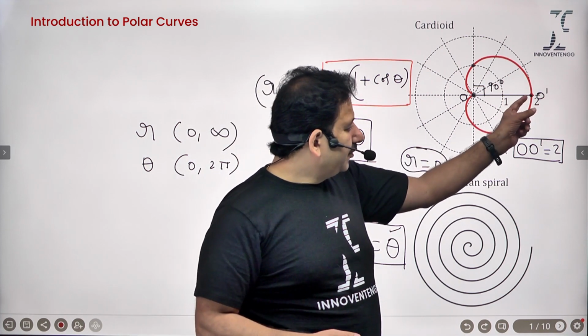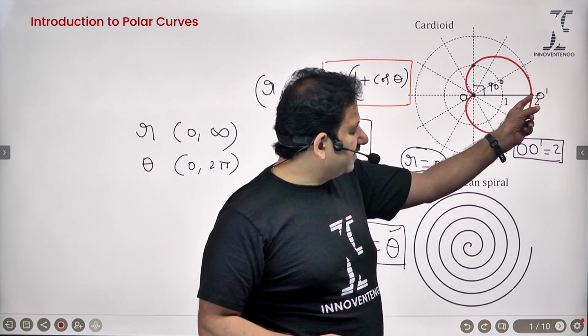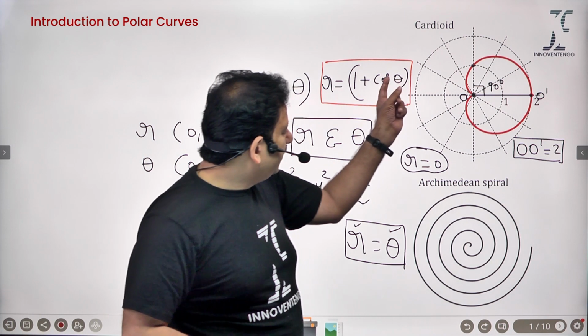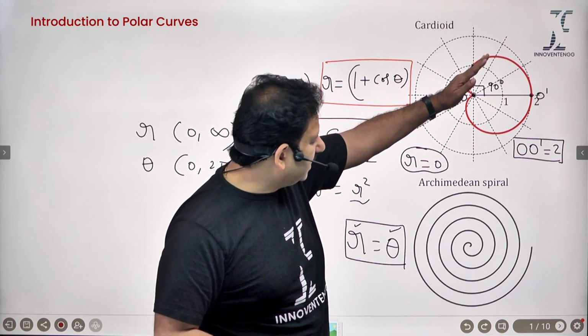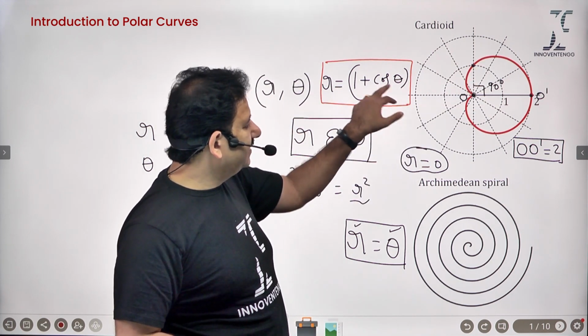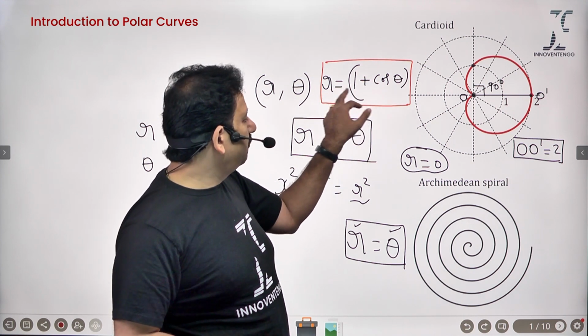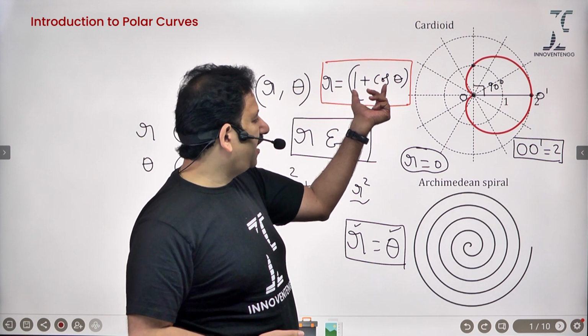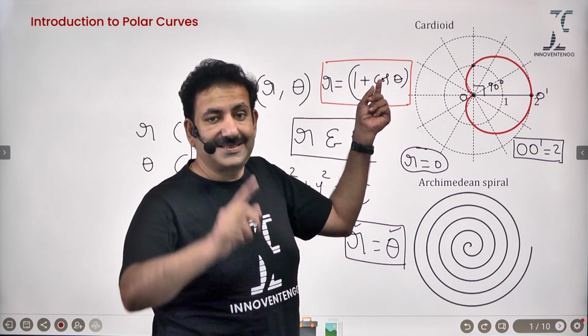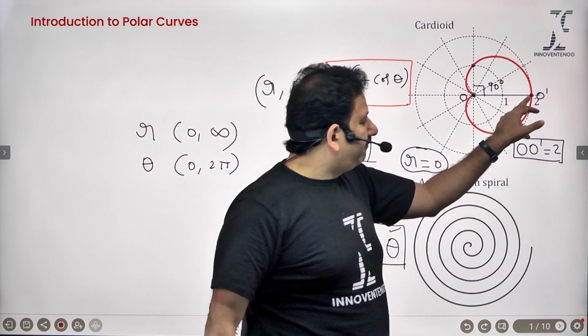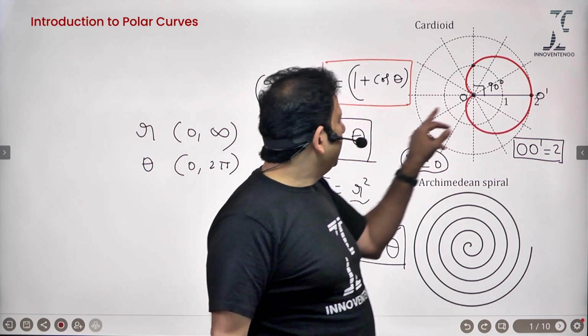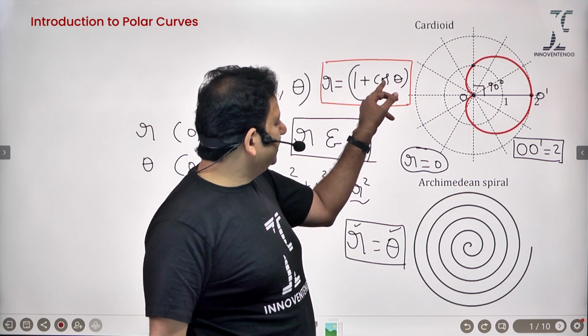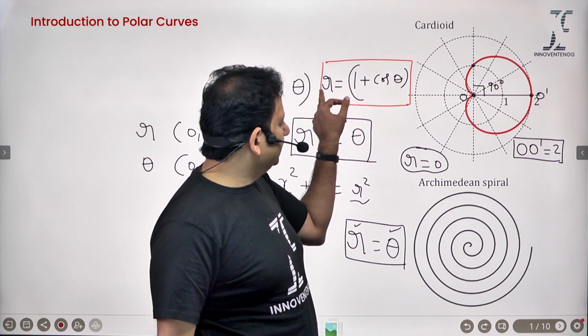As I explained, you begin with the positive x-axis, and there theta is 0 because theta is reckoned from the positive x-axis. When theta is 0, what happens? The value of r becomes maximum. Given this expression, the maximum value of r could be 2 because the maximum value of cos theta is 1. So therefore, the farthest point is hit here. And when theta is 180 degrees, it is 1 minus 1, that is, r becomes 0.